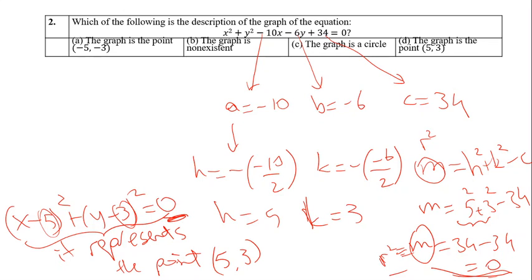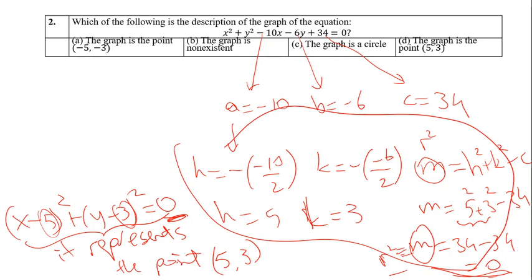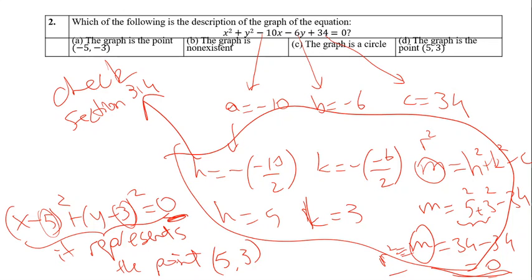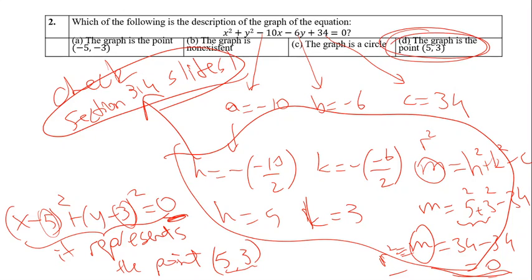For the details, check the section 3.4 slides. You can check the 3.4 videos and watch the video, where I'm telling you the relation between a, b, k, and m.